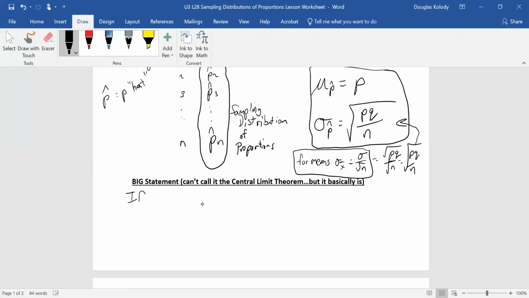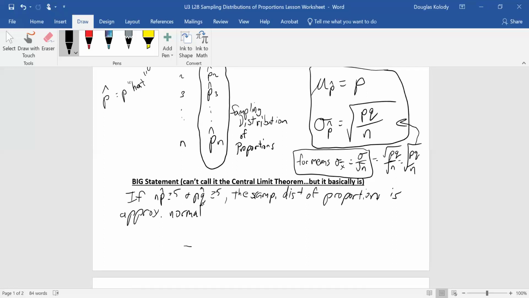Here it is. If n times p hat is greater than or equal to 5, and n times q hat is greater than or equal to 5, the sampling distribution of proportions is approximately a normal distribution.